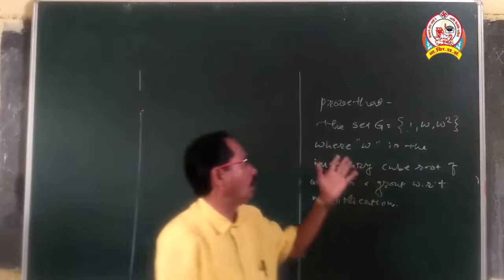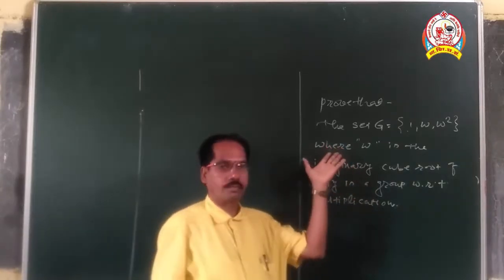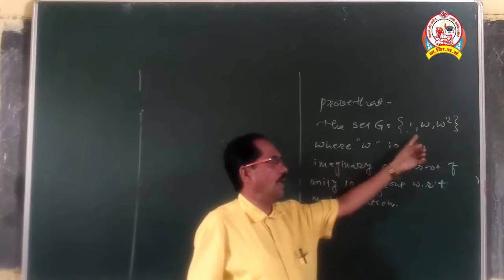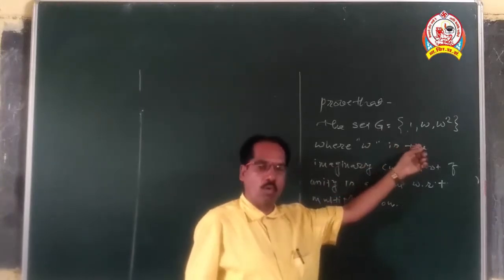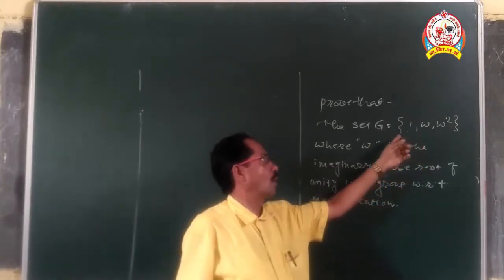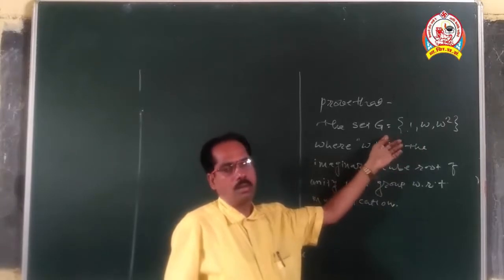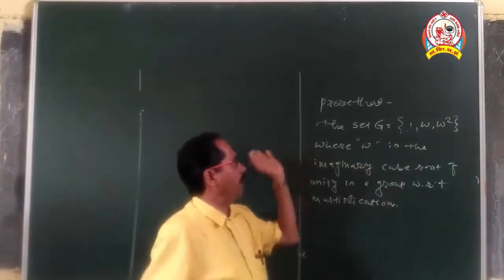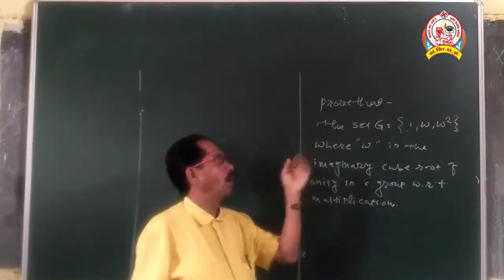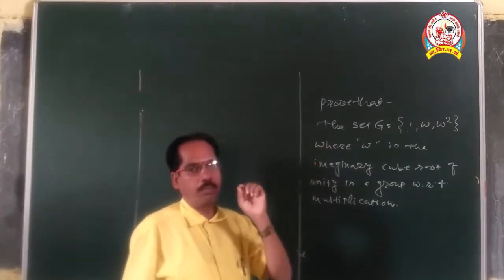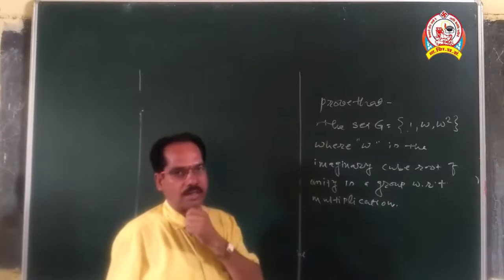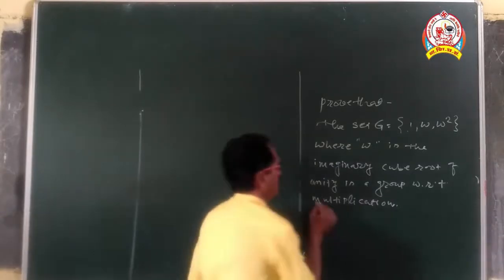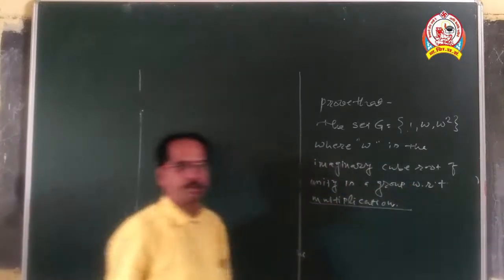Now in this exercise we have to prove that the set G is equal to {1, omega, omega square} is a group. Just see the definition of group: (G, star) is a group with binary operation star, where the binary operation is multiplication.